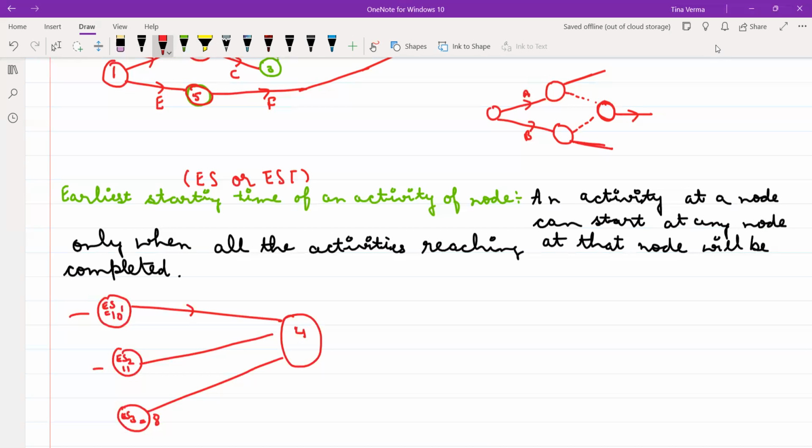To reach the node, I require 4 units of time. To reach from 2 to 4, I require 1 unit of time. To reach from 3 to 4, I require 3 units of time.